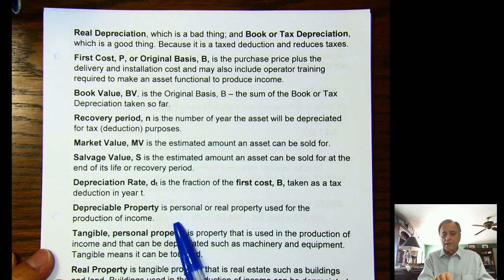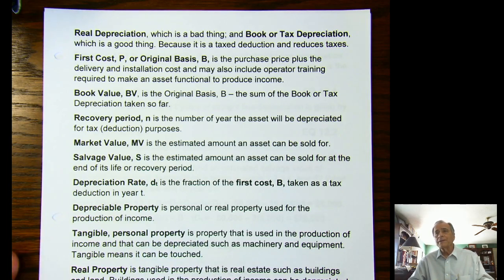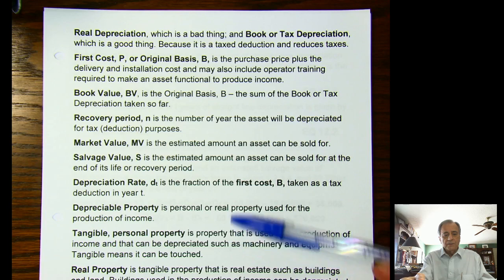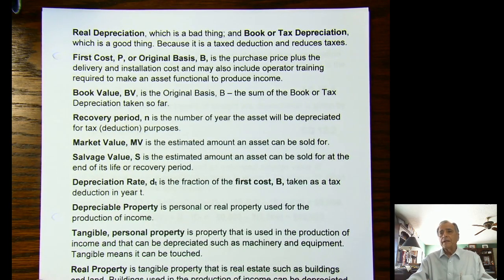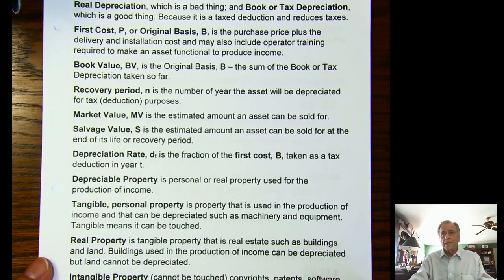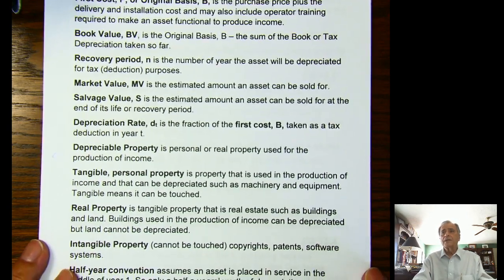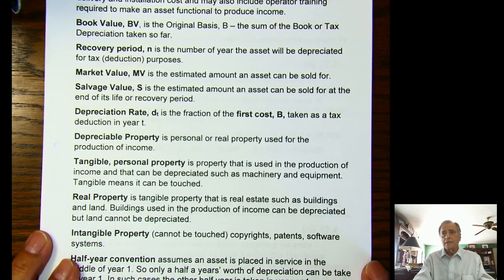Depreciable property is personal or real property used for the production of income. Now, personal property is essentially, as far as the tax laws go, anything that's not real estate. And of course, real estate or real property is real estate. Then we break personal property down into tangible and intangible. The term tangible means that it can be touched.